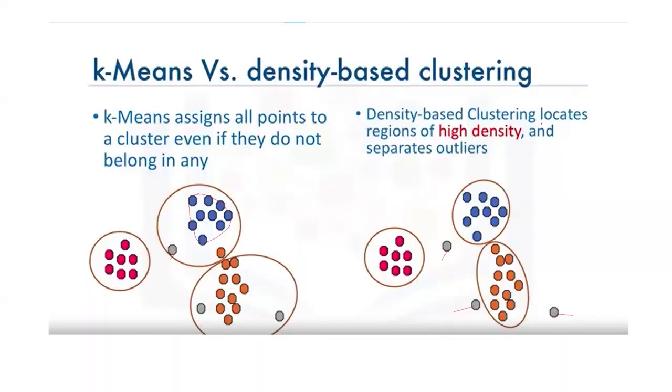So it locates a region of high density and separates the outliers. This is something you need to remember when anybody asks about density. If you talk about these two points, then I think you are good. So these are the two major features of DBSCAN. It creates a cluster by locating the regions of high density, and it also separates the outliers.